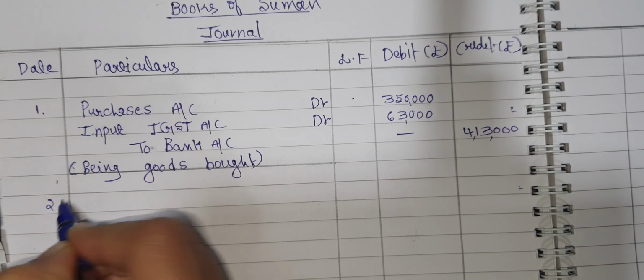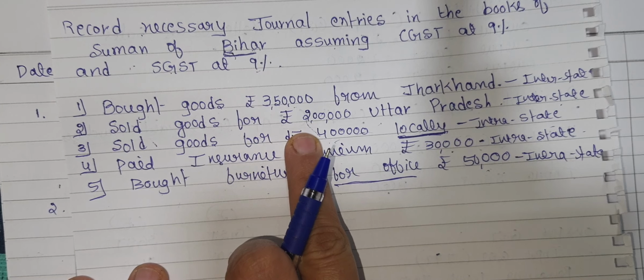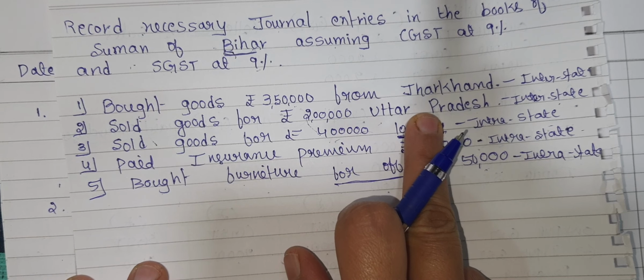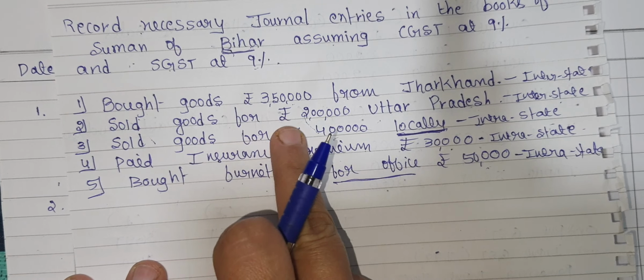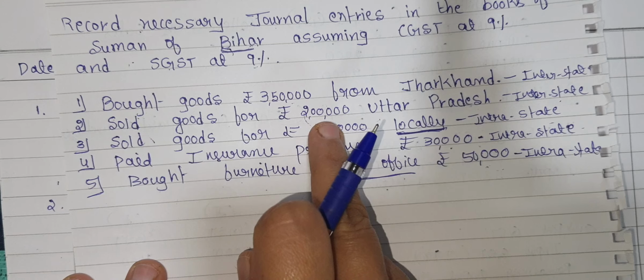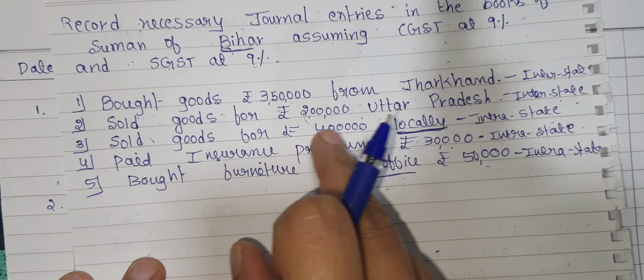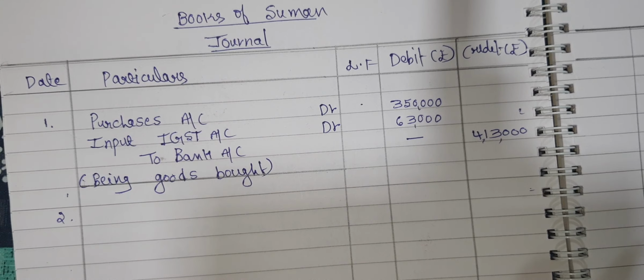Second entry, see, sold goods for rupees 2 lakh to Uttar Pradesh. Means the business of Bihar sold the goods for rupees 2 lakh to Uttar Pradesh. This is the transaction that falls under interstate. Now what is the journal entry for sale under interstate transaction?